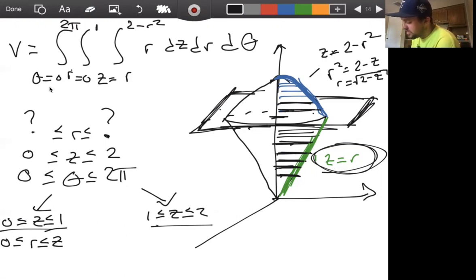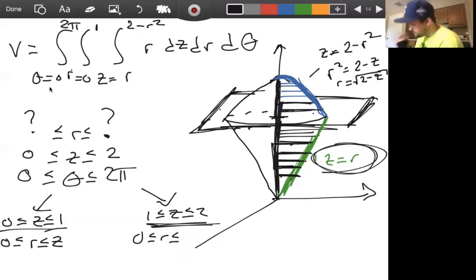And so when z is between 1 and 2, we have that r is between 0, because you can still have radius 0, like the z axis here is r equals 0, and then the radius outward is root 2 minus z.